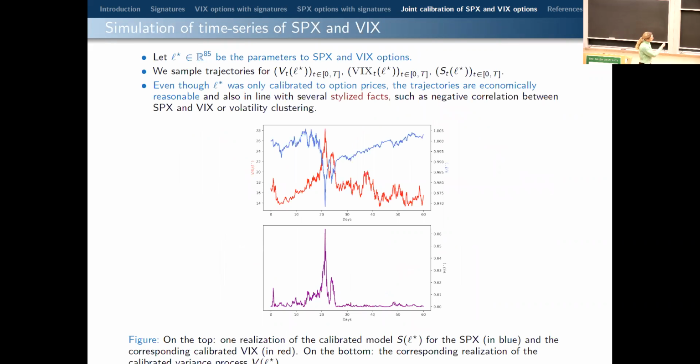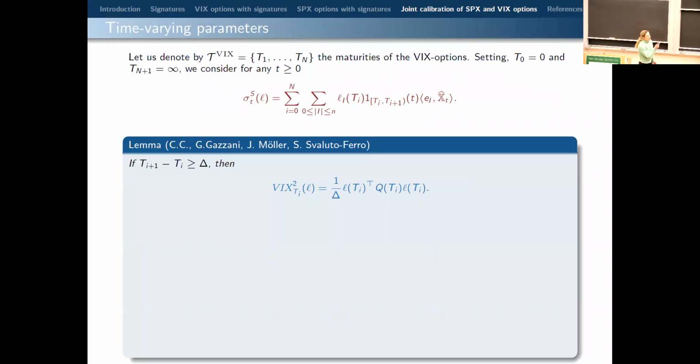Yes, and then when we now sample from our model with this given semi-martingale, we get this kind of trajectories which reflect also a good time series behavior, what we would like to have. And now, I will finish very soon. We also extended this with time-dependent parameters so that the parameters L can depend on the maturities.